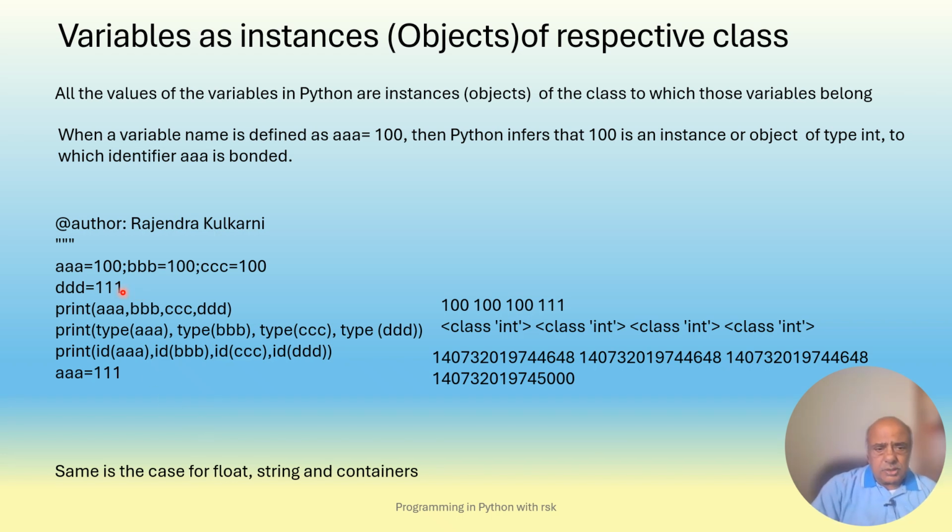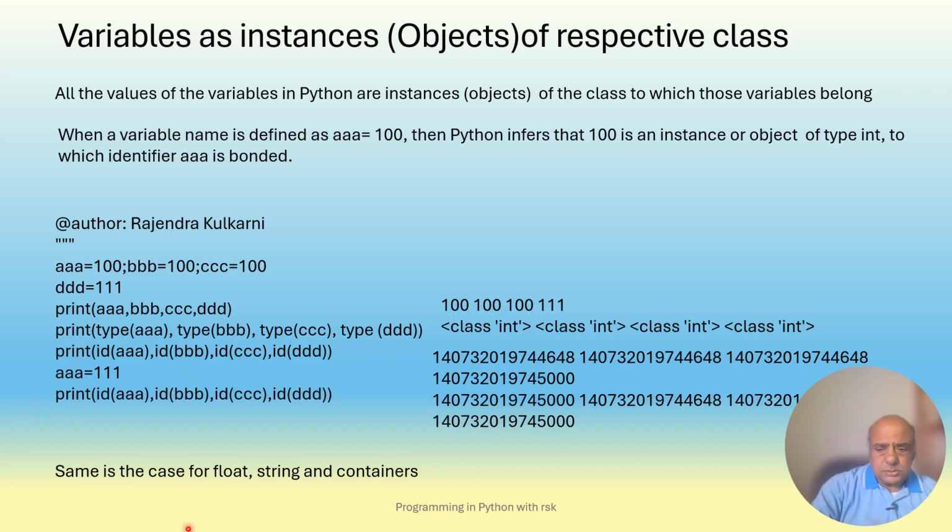So there is only one object which has two references, one is AAA, another is DDD. We can see here the ID of AAA is now something ending with 5000, which is the ID of DDD, whereas the IDs of BBB and CCC have remained unchanged.